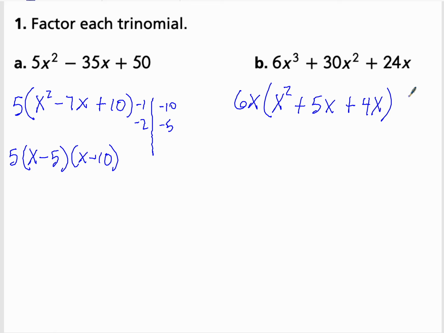And now I can factor this. I need two numbers that multiply to 4 and add to 5. Well, that'd be 1 and 4. So 6x times x plus 1 times x plus 4. So 1 times 4 is 4, and 1 plus 4 is 5. Okay?